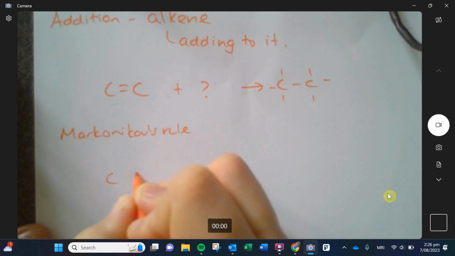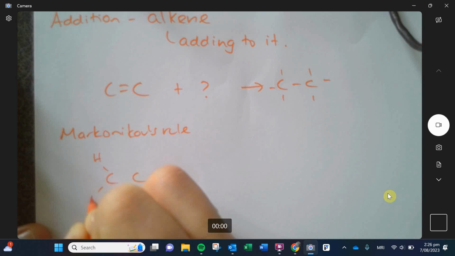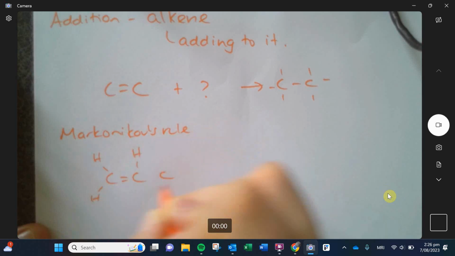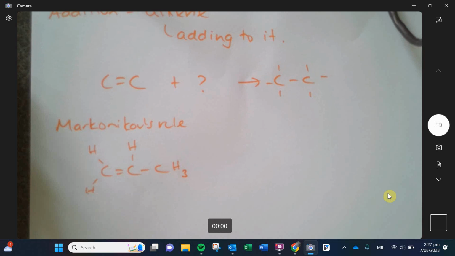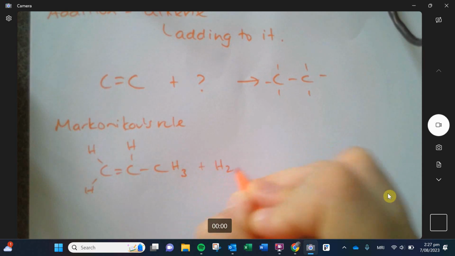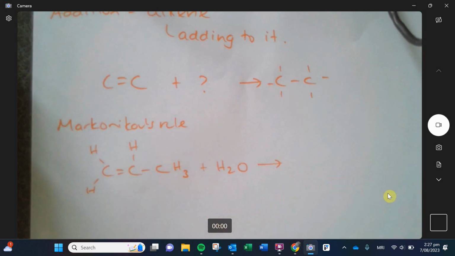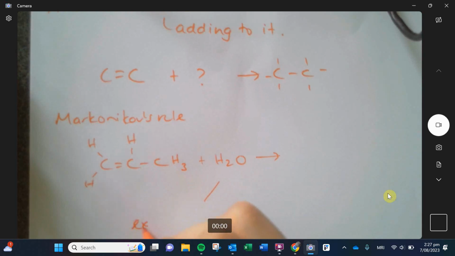so let's say I have an alkene like this. And I want to add water to it. So this is going to be an example of an addition reaction.